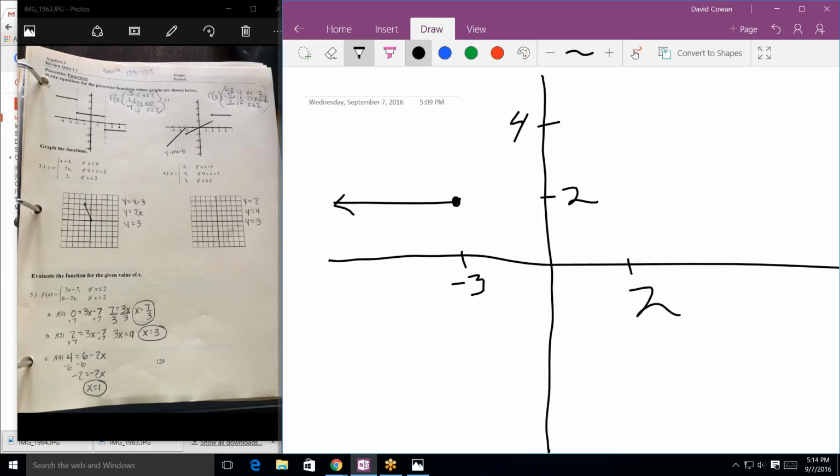Hold on. So it's going to be an open dot. 1, 2, 3, 4. Open dot at both ends. And a horizontal line was what I was looking for. In other words, it doesn't have any slope.